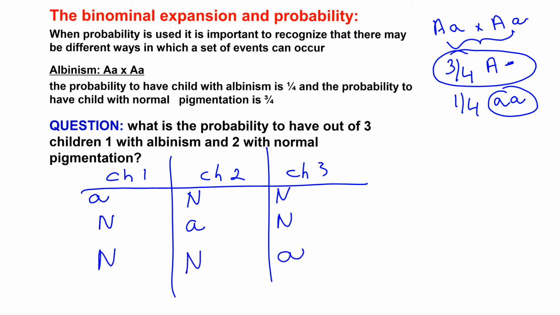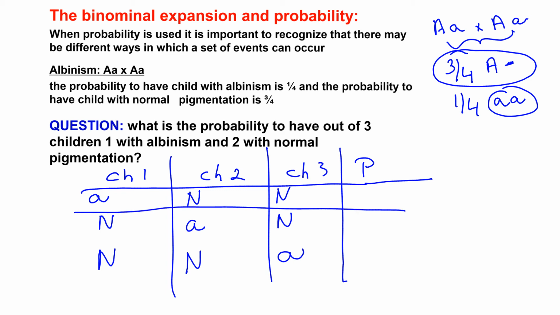Let's start with the first scenario. What is the probability to have the first child albino? It's 1/4. What is the probability to have a child with normal pigmentation? It's 3/4. So what is the probability of this scenario happening?